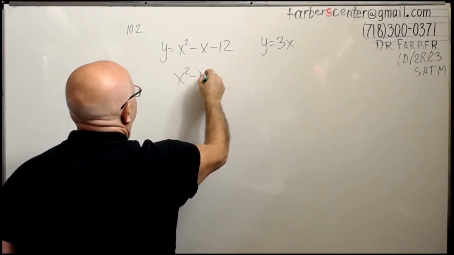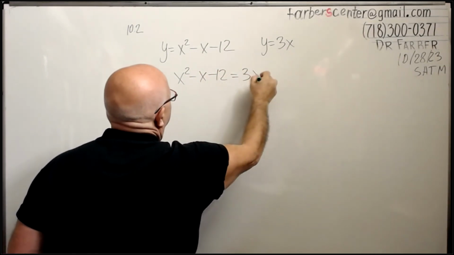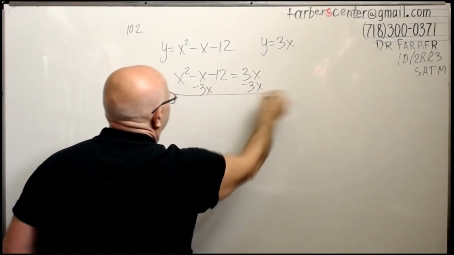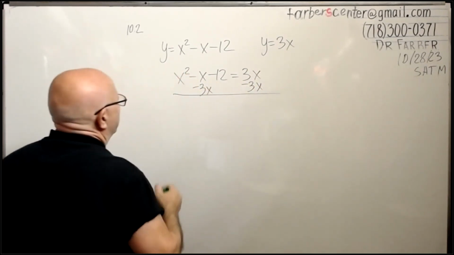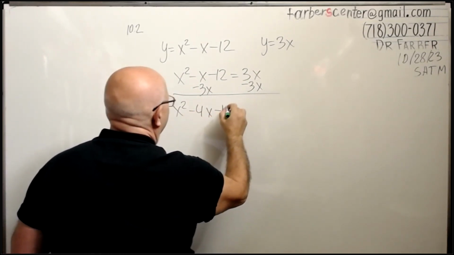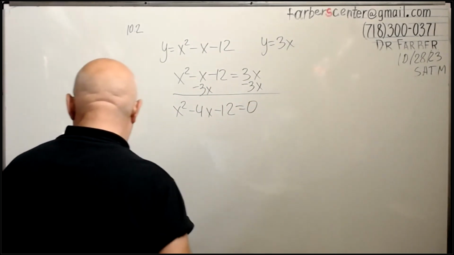X squared minus x minus 12 equals 3x. Minus 3x, minus 3x. And x squared minus 4x minus 12 equals 0. Okay.